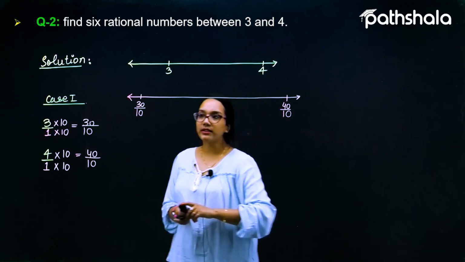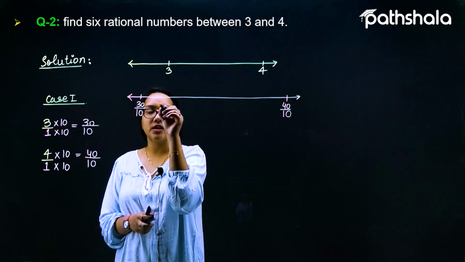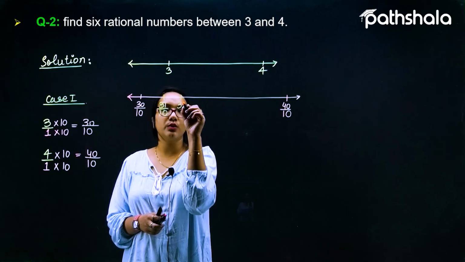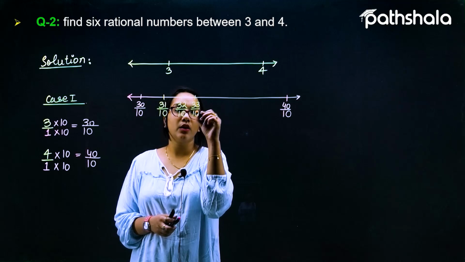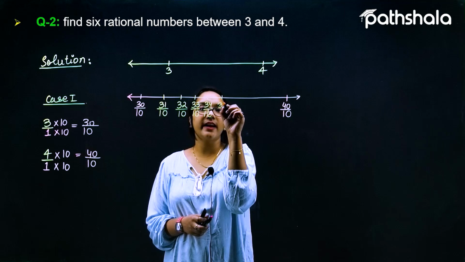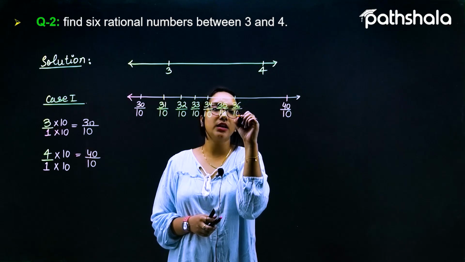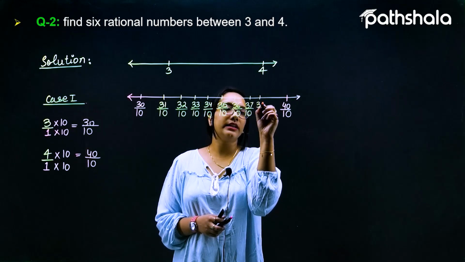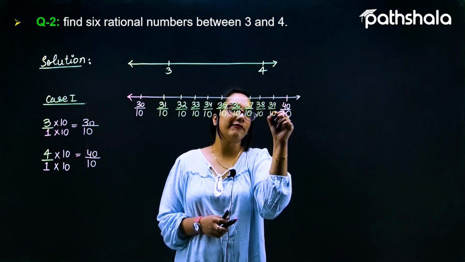We can write the numbers in between these 2 numbers as 30 by 10, again further 31 by 10, 32 by 10, 33 by 10, 34 by 10, 35 by 10, 36 by 10, 37 by 10, 38 by 10, 39 by 10 and further 40 by 10.